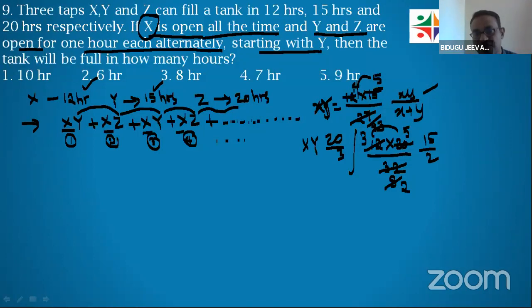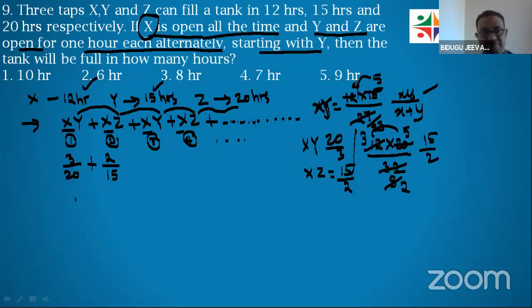We got XY capacity 20 by 3, XZ capacity 15 by 2. Now I'll write for 2 pipes in 1 hour, capacity is given as 3 by 20 plus 2 by 15. Is it right?